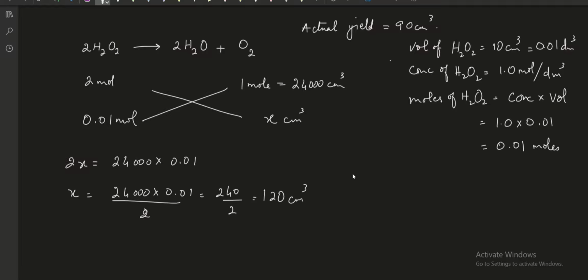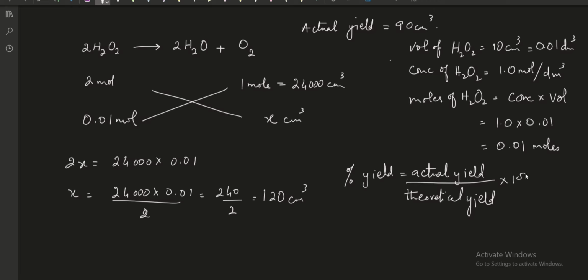All right, next we can use the formula to calculate the percentage yield. Percentage yield is equal to actual yield divided by the calculated, or theoretical, yield, multiplied by 100.